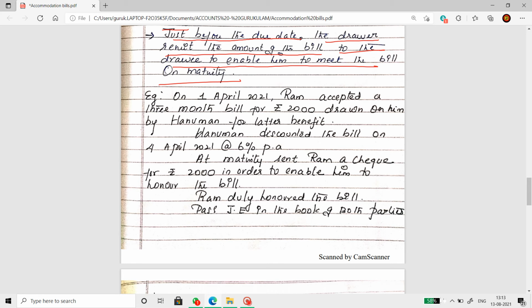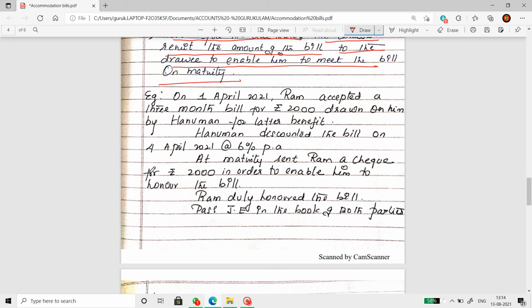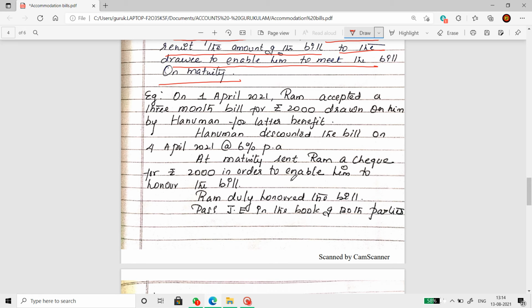Hanuman is the drawer here. He draws the bill and requests Ram to accept, and Ram in turn accepts the bill. The bill's period is 3 months. Hanuman discounts the bill on 4th April 2021 at 6% per annum discounting charges. At maturity, he sends Ram a check of 2000 rupees in order to enable him to honor the bill. Ram duly honored the bill.